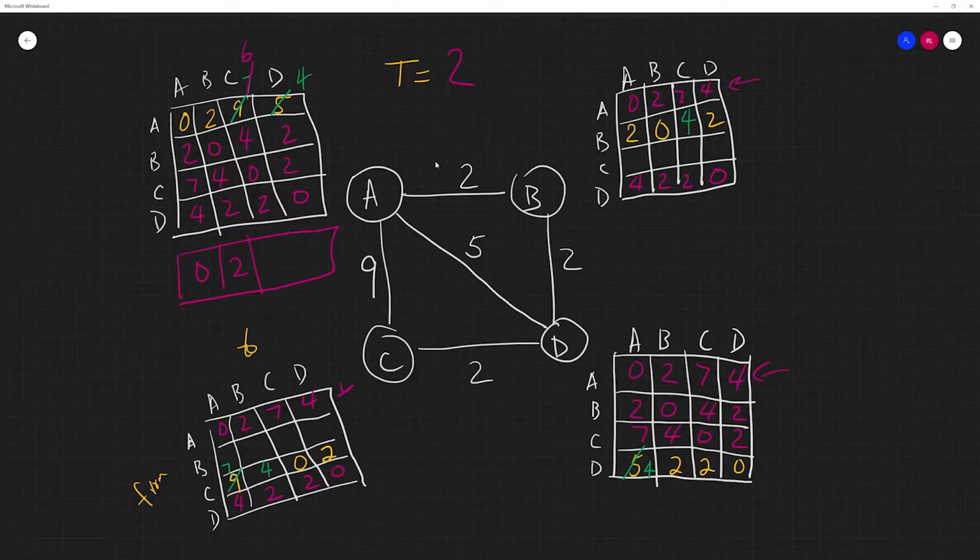Next we have 4. Over here, if I send it to B, it's gonna cost me 2. The cost to send it to B is 2. If I send it to C, C can get me 2, but the cost to get to C is 6. So that's gonna stay 4.